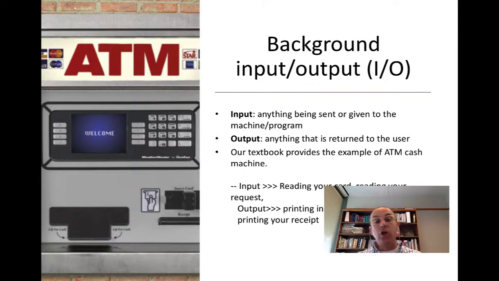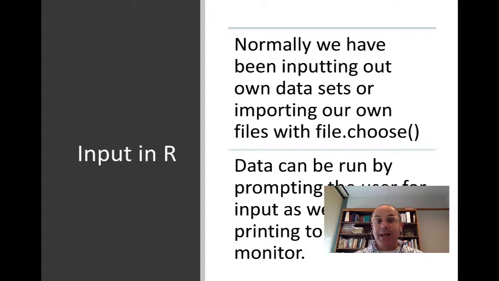Input is you reading your card, reading your request, and output is printing instructions on your screen or printing your receipt or giving you money or taking your money. Depends who you ask.